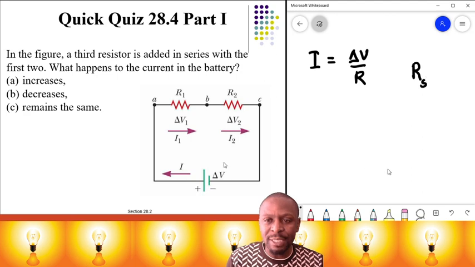So the answer for that quiz is, if you add another resistor R3 in series, it will mean the resistance becomes high. Now if the resistance becomes high, what happens to the current? The current will decrease. Yes, the current will decrease, because if this becomes high, it will mean therefore the I becomes low. That's basically what it means.